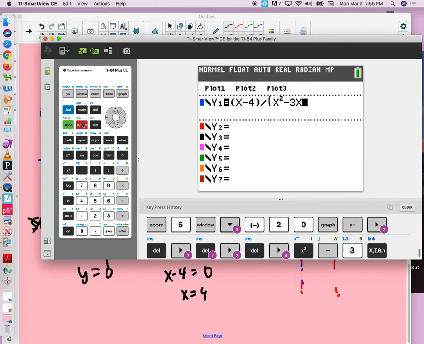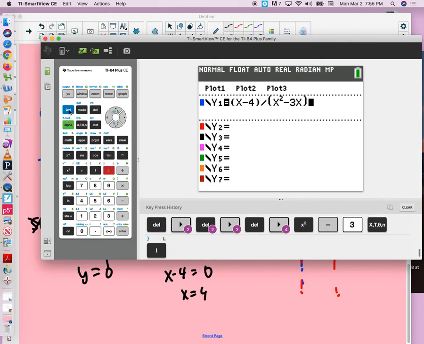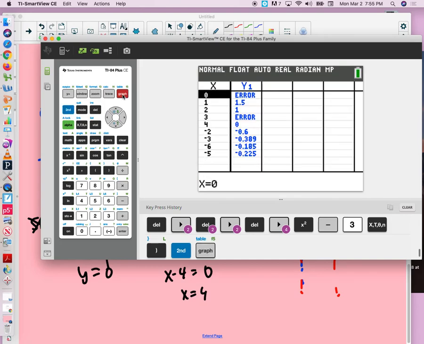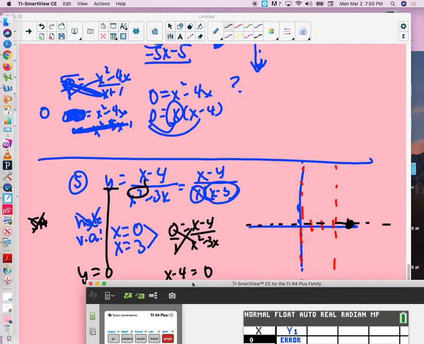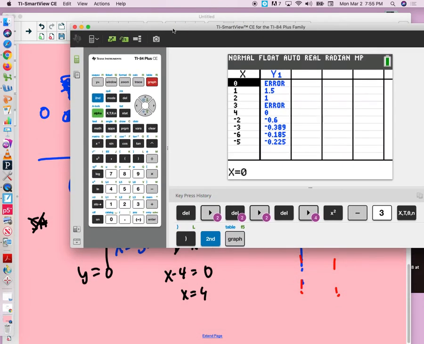I'm not going to be fooled by my graph. I'm going to go to my calculator and find points all around my asymptote. So I'm going to go to table. All right, so points I want to know if I look at my graph. I want to know what's going on at 1 and 2. So I'll fill in 1 and 2.